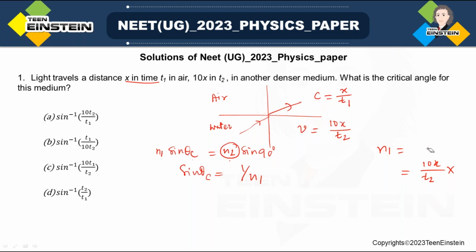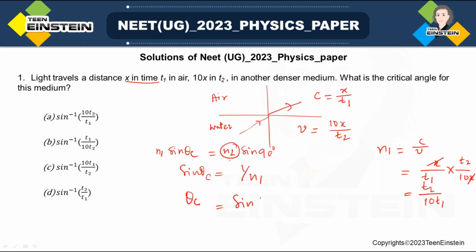Refractive index is greater than 1, so it is c by v: x by t1 is c, and v is 10x by t2. So x can be cancelled from both places, so it will actually be t2 by 10 t1. Okay, so we have got the refractive index.